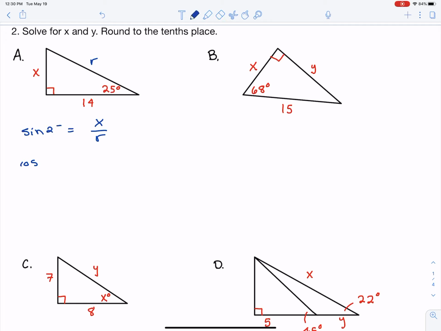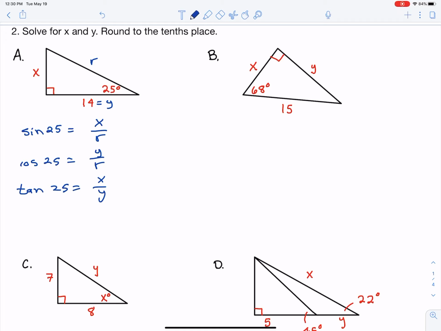So sine of 25 is x over r. Cosine of 25 is going to be adjacent. So if you don't mind, I'm going to call this y just for now. That's y over r. And then tangent of 25 is going to be x over y, for this particular case, right? If I label it this way, this is the way it works. So tangent is opposite over adjacent.